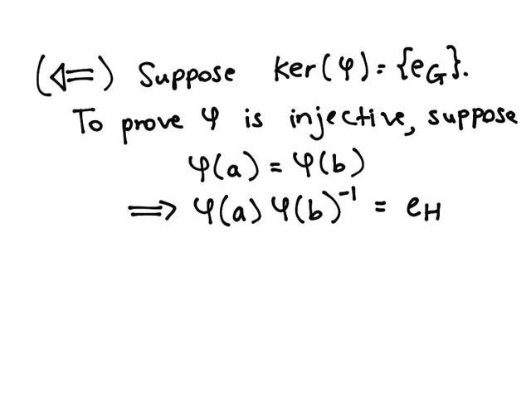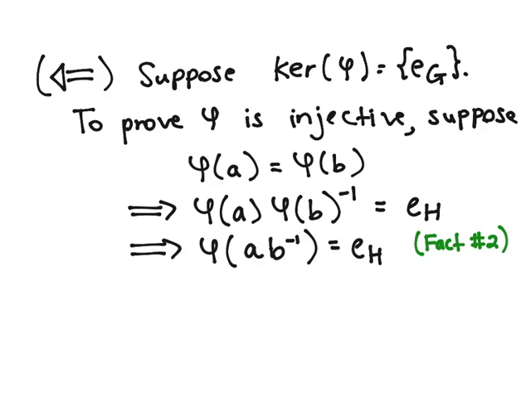In our case, the way we can get there is first by rearranging, in particular multiplying both sides of this equation by the inverse of phi of b. That'll move that phi of b inverse over to the left-hand side, and then on the right-hand side, we'll be left with just the identity element e_H.